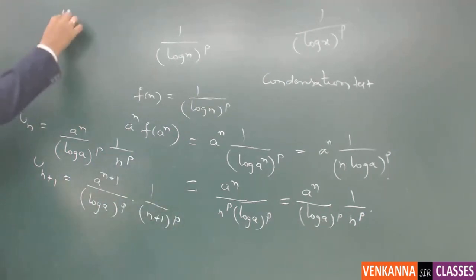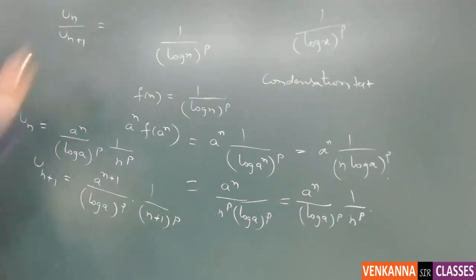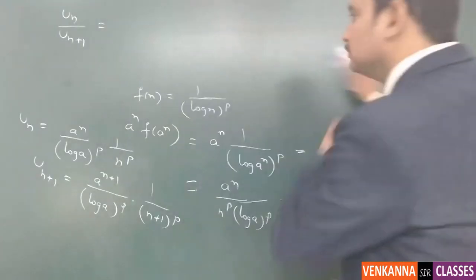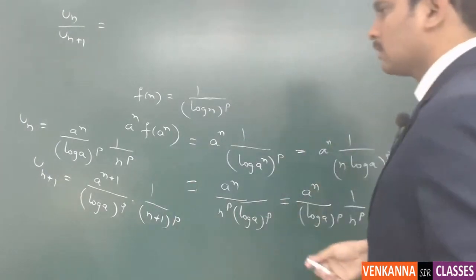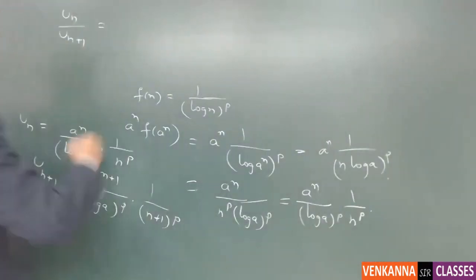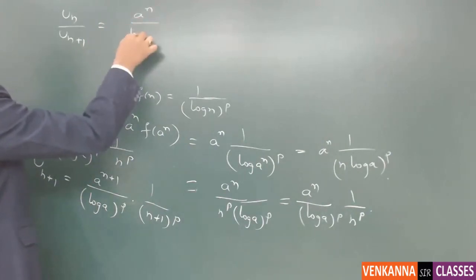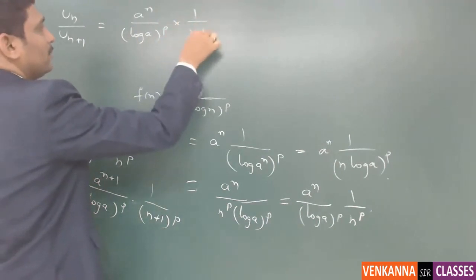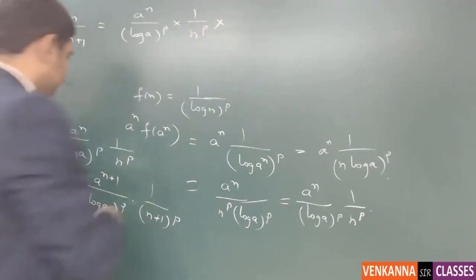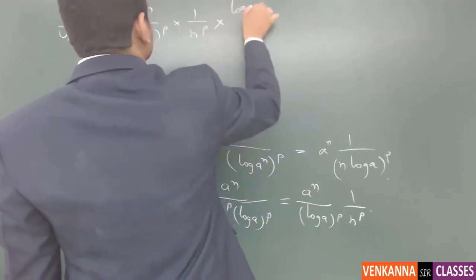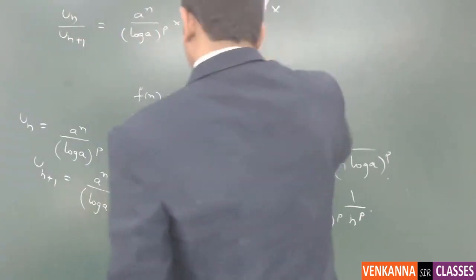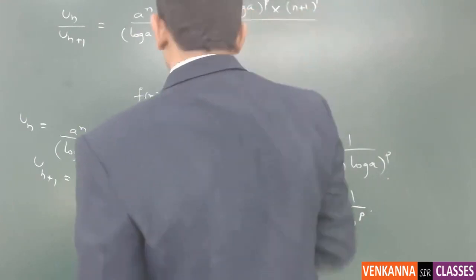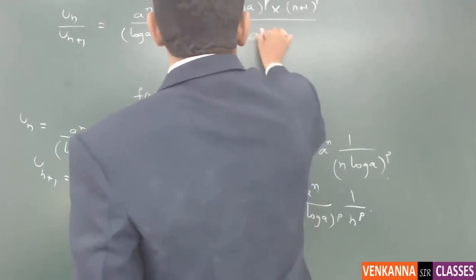So if you calculate un by un plus 1, a power n by log a whole power p into 1 by n power p into log a whole power p into n plus 1 whole power p by a power n plus 1.